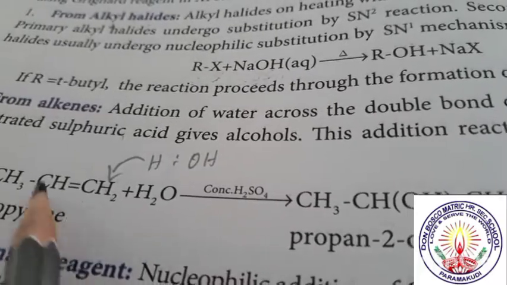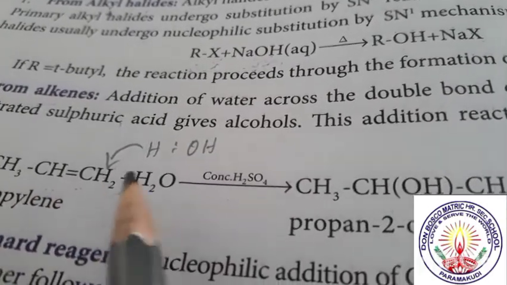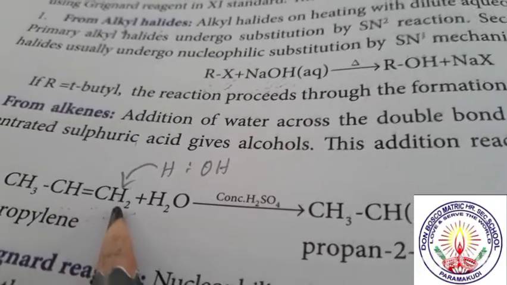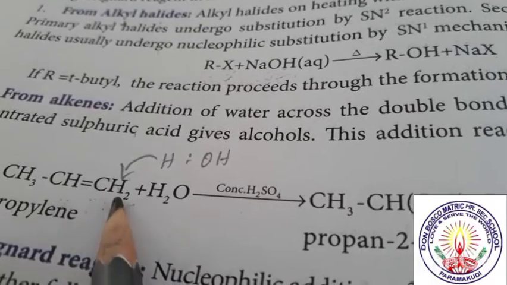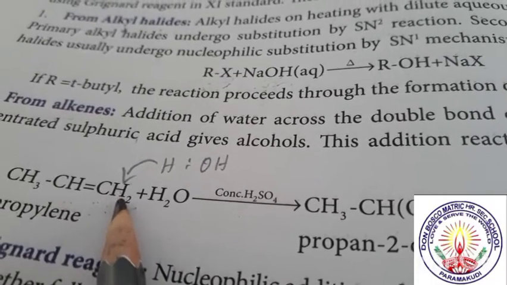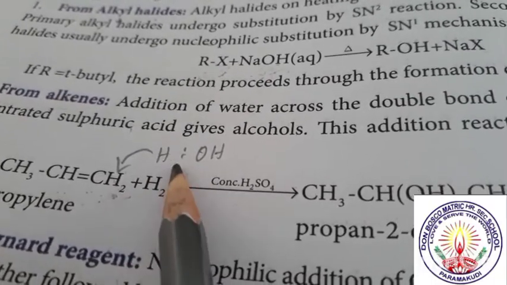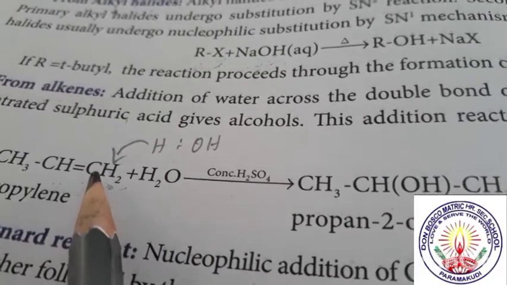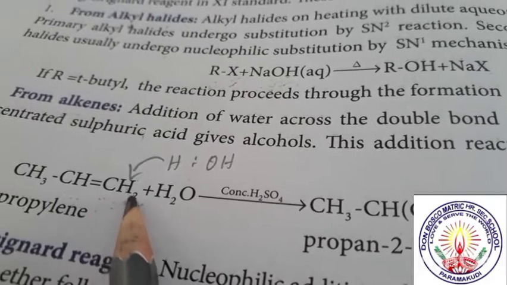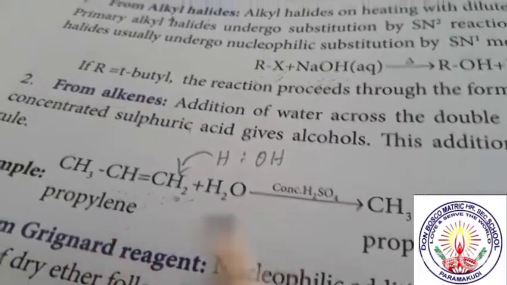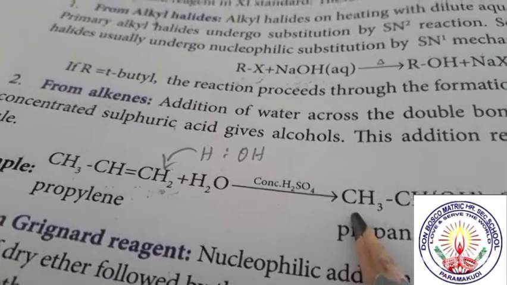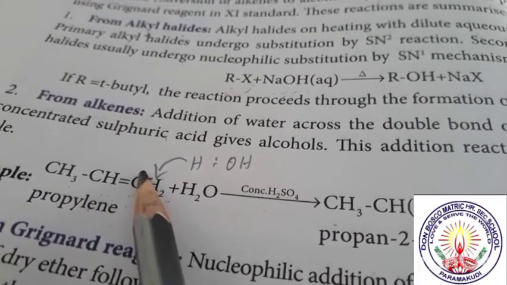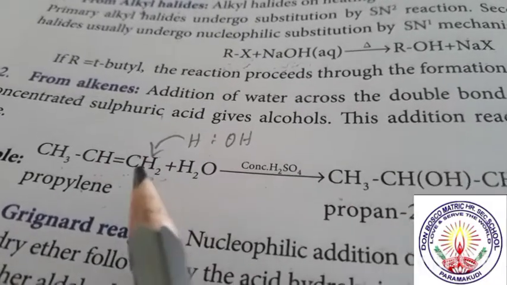And here you see CH2. And among these, which carbon has the higher number of hydrogen? This CH2 has the higher number of hydrogen. So this hydrogen will combine with the carbon which has more hydrogen. So we are getting CH3, CH, this double bond will become a single bond.